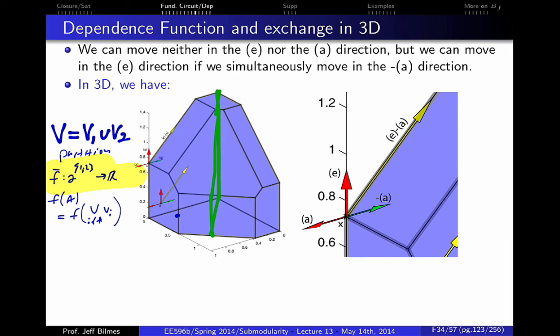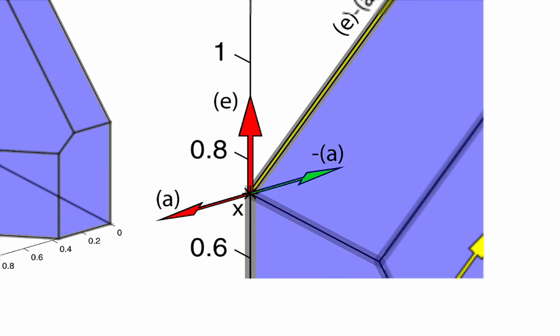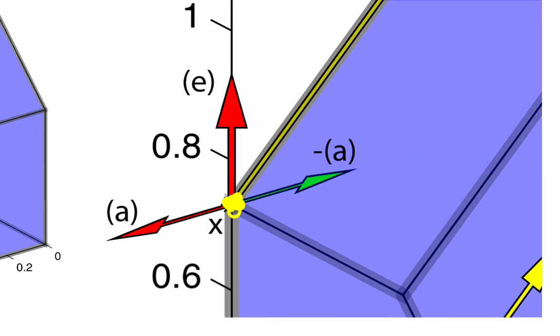In this particular picture that we're looking at, you can see that the current element here is X, right? There's X. Now we want to move in the positive E direction, right? So the positive E direction is this direction. Now we can't do that, right?